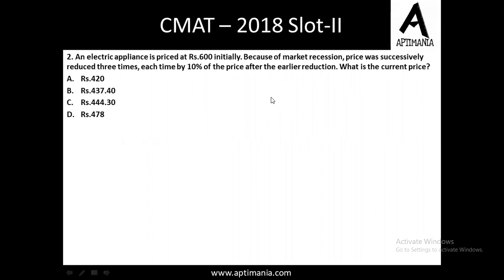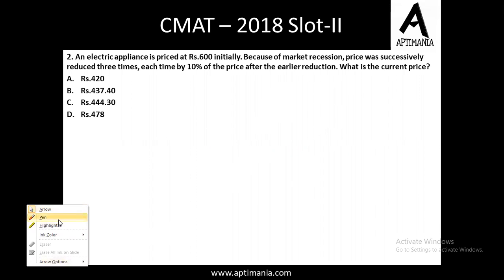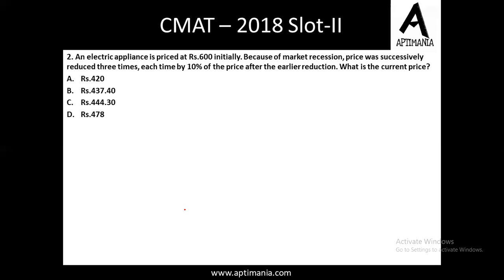Question number 2 is on the screen. Let's try to solve it. It's a question based on percentage where successive decrement is taking place. So let's start with the question. An electric appliance is priced 600 initially. Okay, so initially the price was 600.